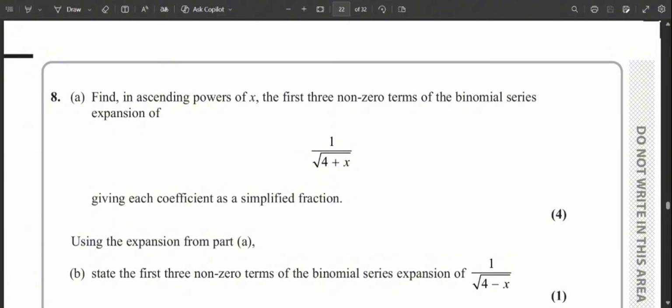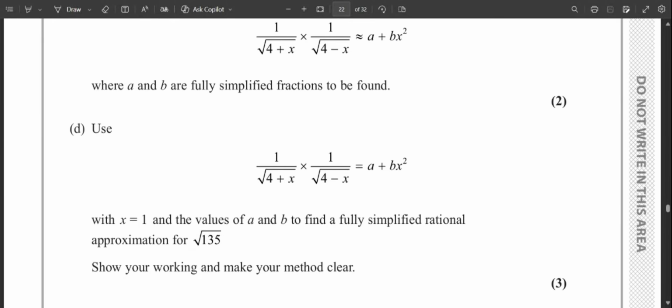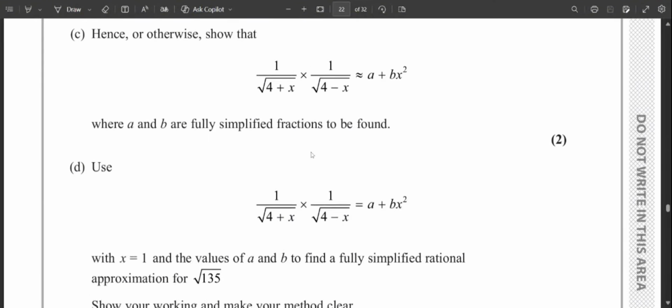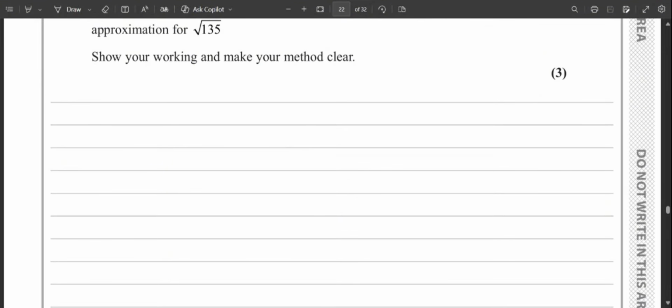We know that when doing binomial series expansion, the series expansion can have a finite number of terms or an infinite number of terms. There are two ways to calculate the series expansion, and the way depends upon the exponent in our expression. For part A, we have to calculate the series expansion for 1 divided by root over 4 plus x.